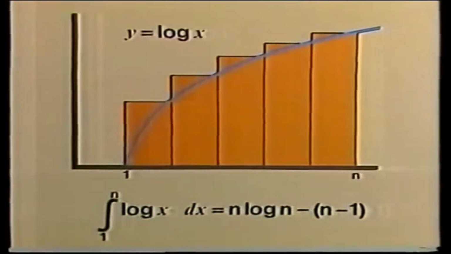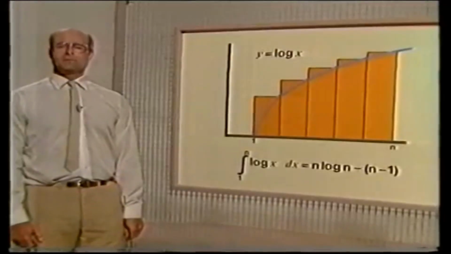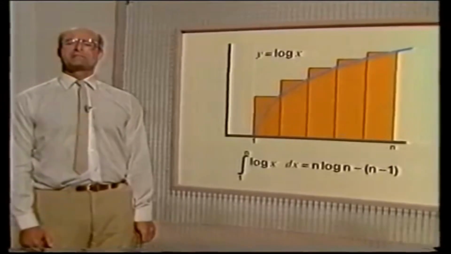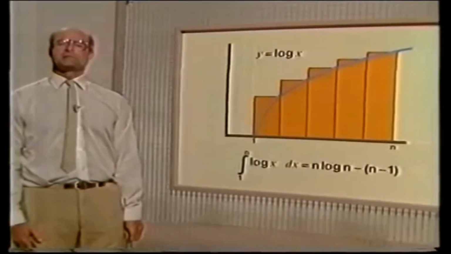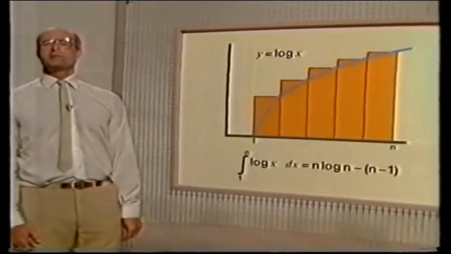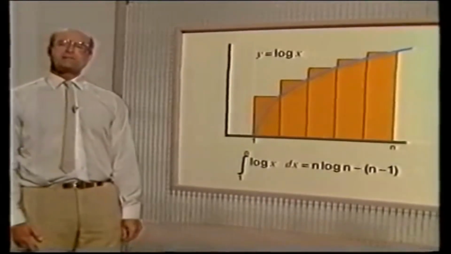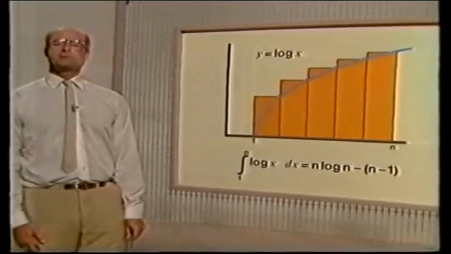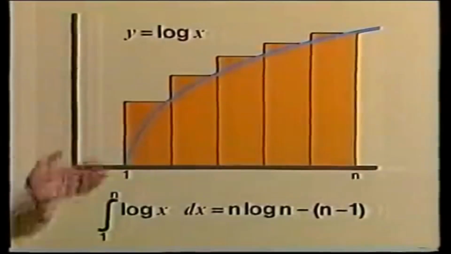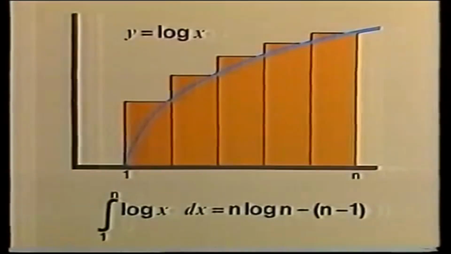So it seems that we might get an estimate for log of n factorial from all of this. Unfortunately, it turns out that this is not good enough for practical purposes. Neither the upper nor the lower sum is close enough to the area. We have to get a better estimate for the area, and we could do this by averaging these two. This corresponds to approximating the area by trapezia.